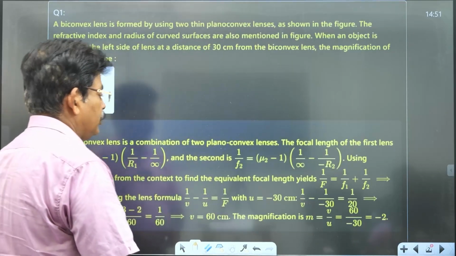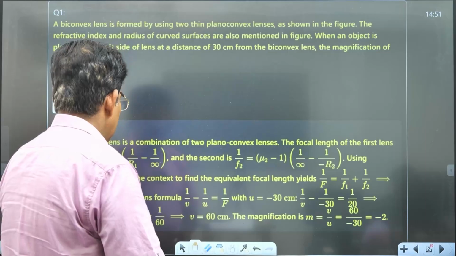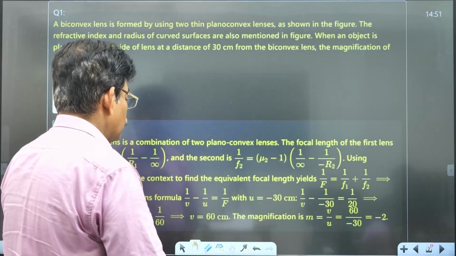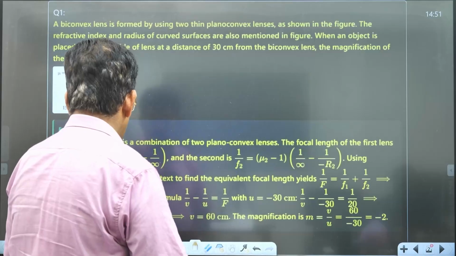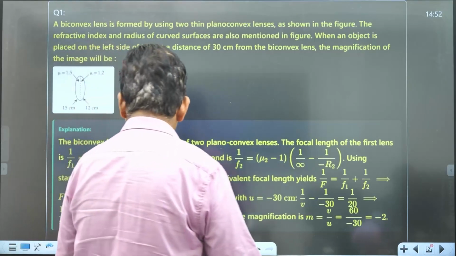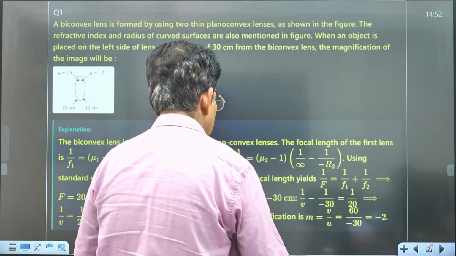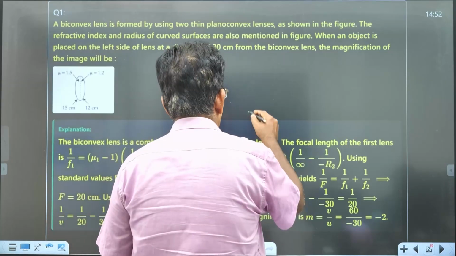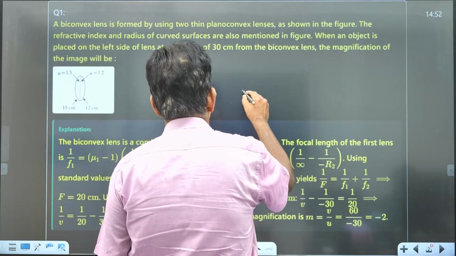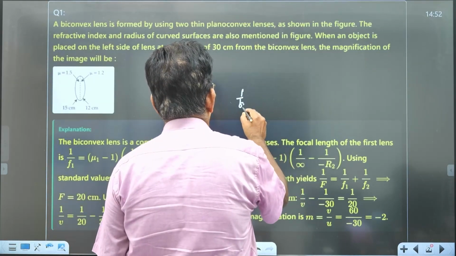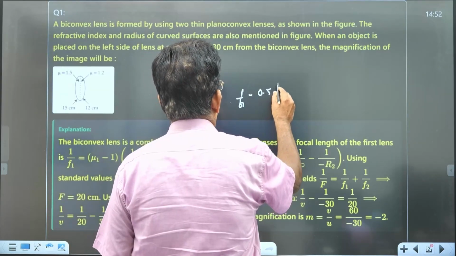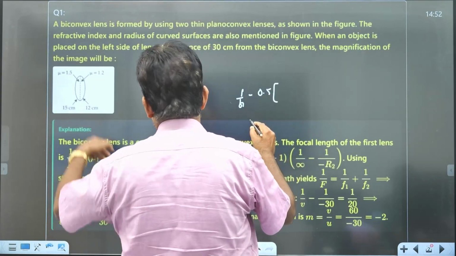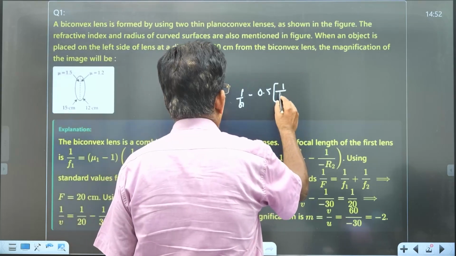The focal length of the first lens: 1 by f1 is equal to mu minus 1, which is 0.5, into 1 by 15.